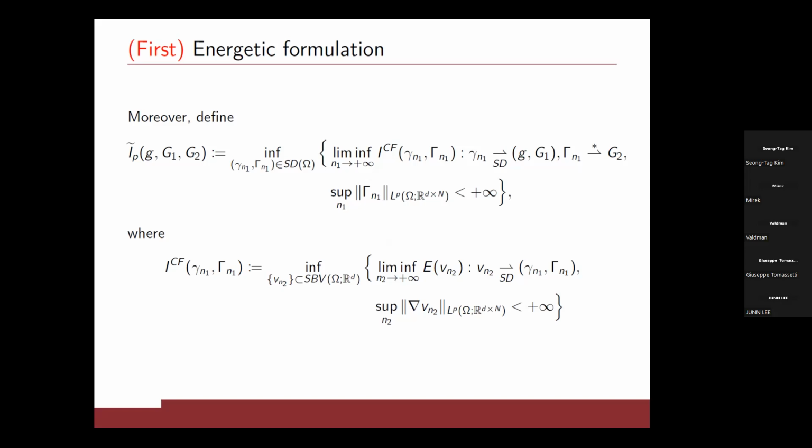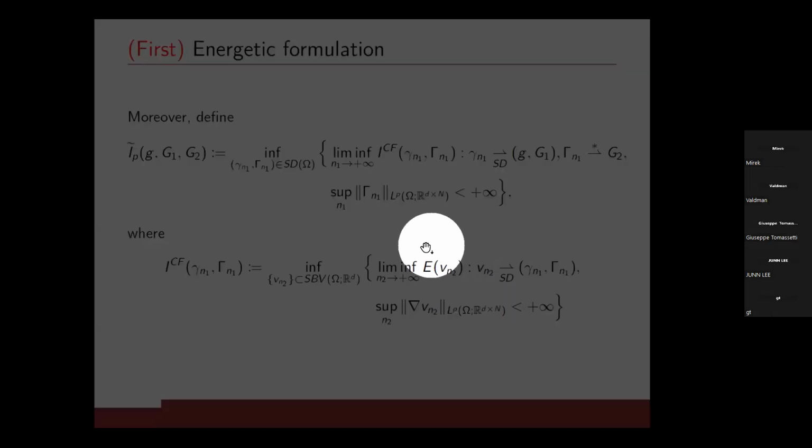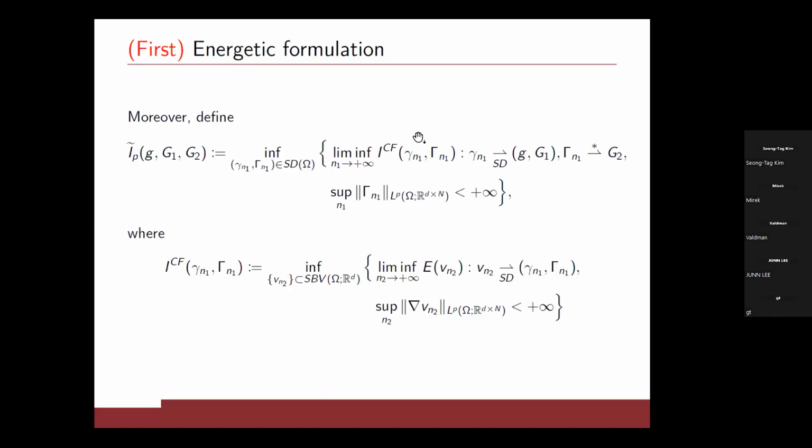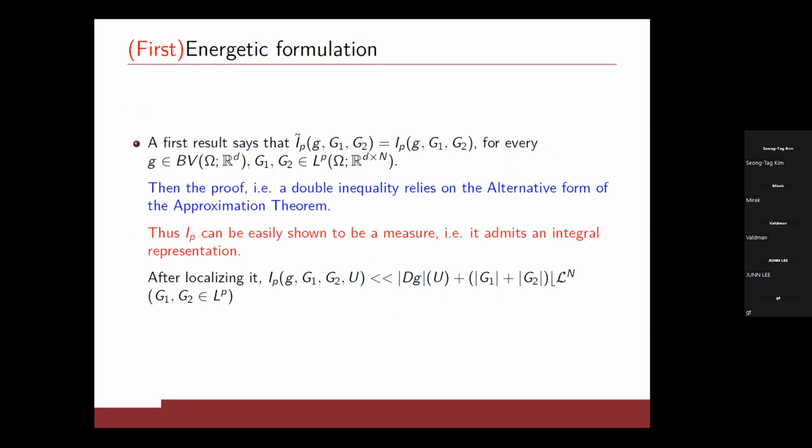So let me say the following. You start with the energy of a simple deformation, this E of u_n2. This generates, in the way that I was describing before, the energy by Choksi-Fonseca. You take this energy to be the one that you consider as your starting point to define your energy I_p tilde. And you can see, because of the approximation theorem, that the energy that was two slides ago, I_p, coincides with this I_p tilde.